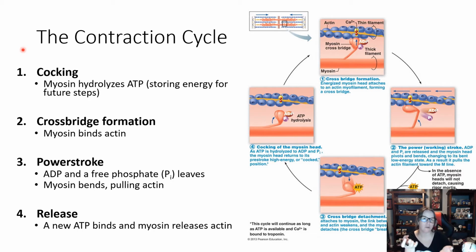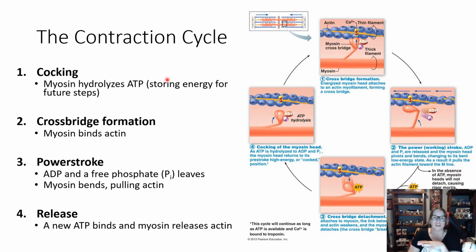That's kind of what we're doing. I just showed you the beginning with the action potential getting formed from the acetylcholine binding to receptors on the motor end plate. And now we're at the end. We're looking at the end result, which is the contraction cycle, where the actin and myosin are going to slide over each other. And then we'll do a flashback and look at what happened in between.